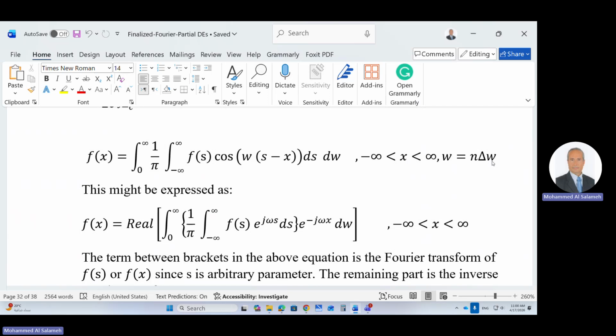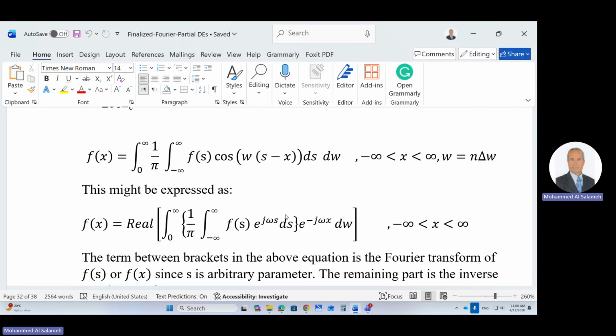This might be expressed as f of x equal to the real part of, instead of cosine, we put the complex exponential, e to the j omega s times e to the minus j omega x. The negative sign turns into multiplication when it is in the exponent part of the exponential.